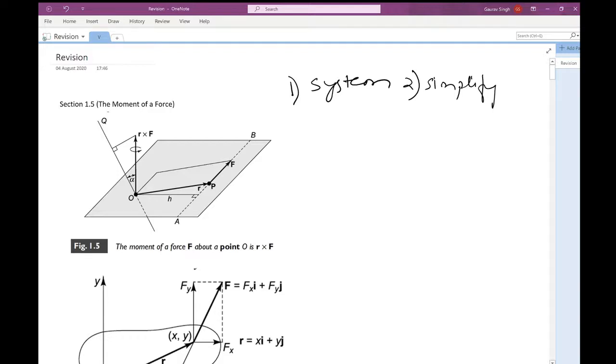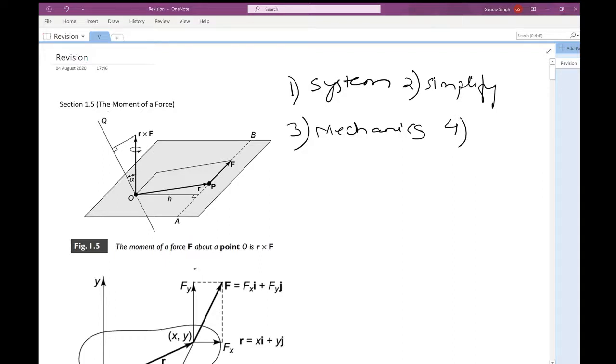Okay. Then the third step is that you apply the concepts of mechanics and then you deduce the consequences of it. So this is where you apply your knowledge of mechanics and then you come out to your final outcome, and we'll see all these things in more detail as we solve the problems.